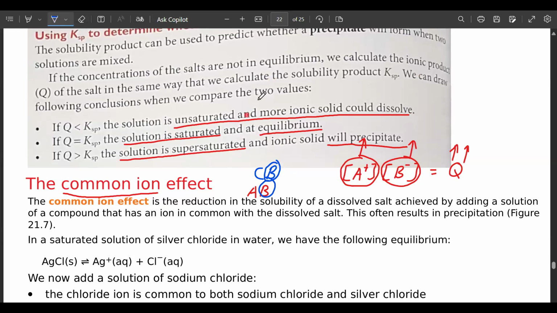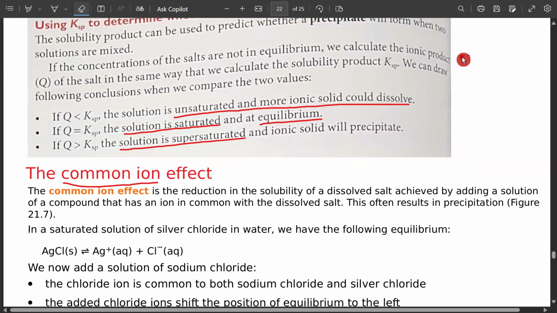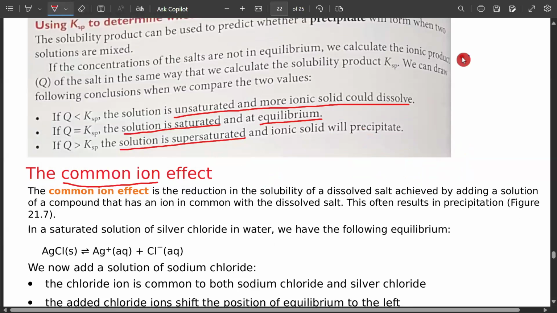Okay. We have AB as the sparingly soluble compound, which dissociates into the A positive ion and B negative ion.